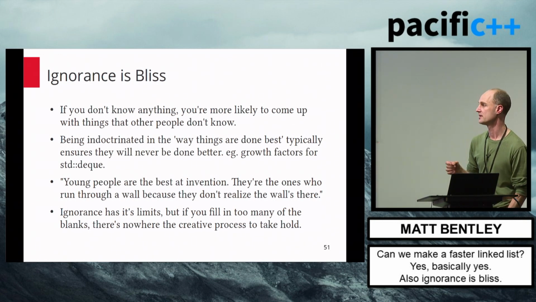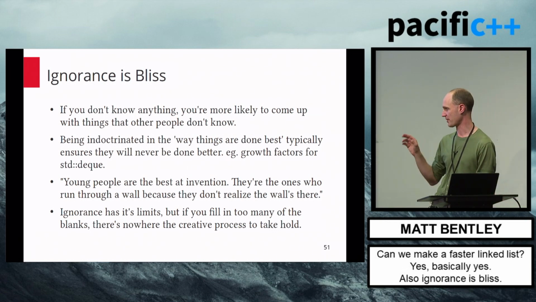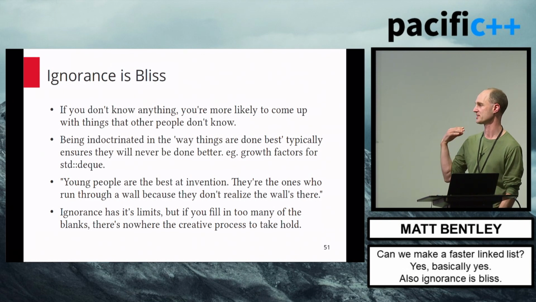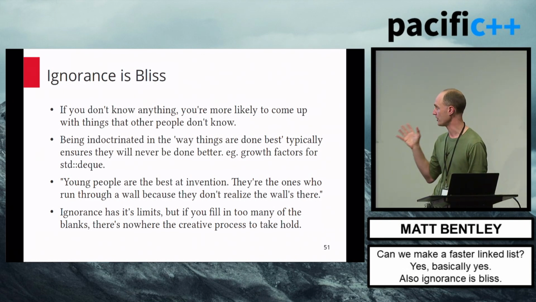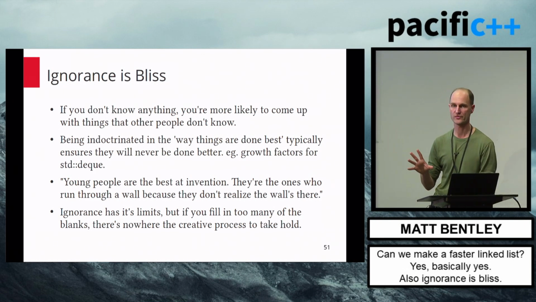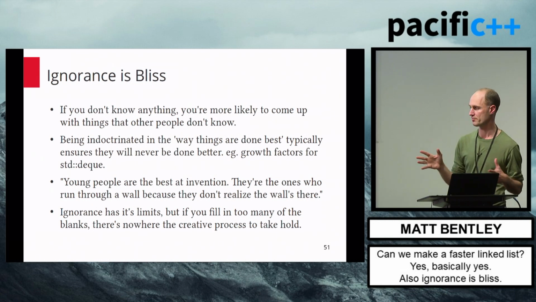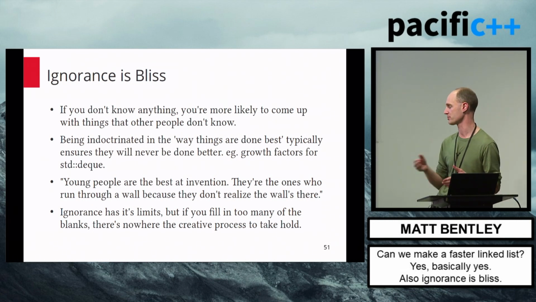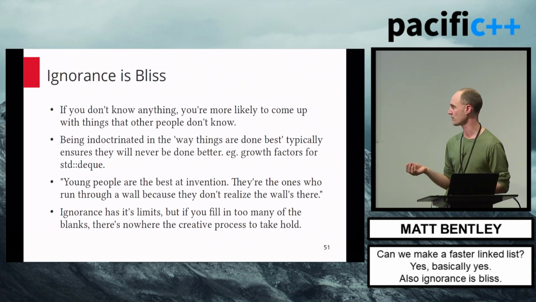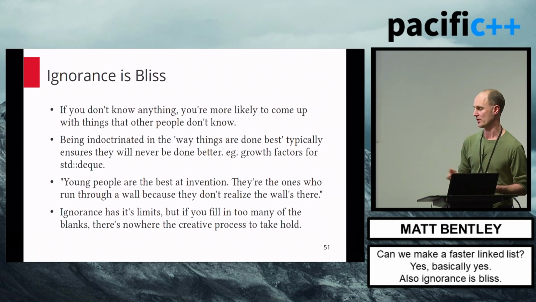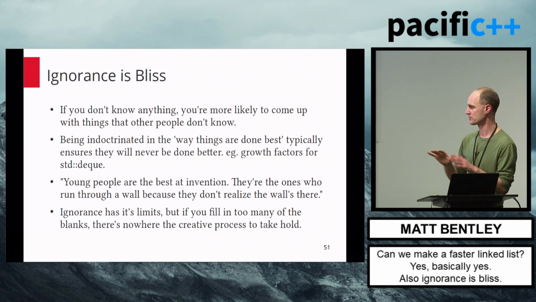An example of this is something I've seen on Stack Overflow and a few other places, which is people talking about deques and how you can't have a deque with a growth factor because then indexing won't be O(1) and your plus equals operators on your iterators won't work correctly. And that turns out to be false.